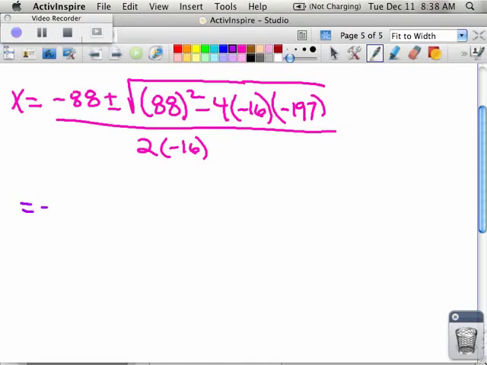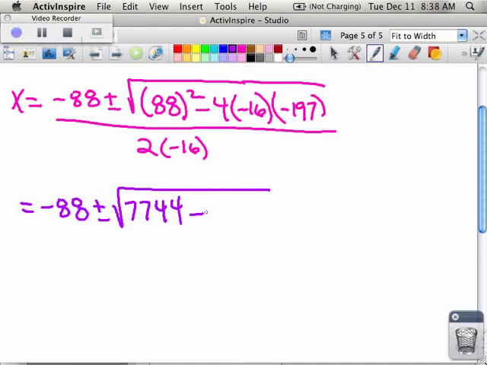As I simplify it, I get negative 88 on the outside, pardon me, plus or minus the square root of 88 squared, which was 7744. Thank you. And then a negative times a negative times a negative means I get a negative. And then 4 times 16 times 197, I get 12,608. And on the bottom I have negative 32.